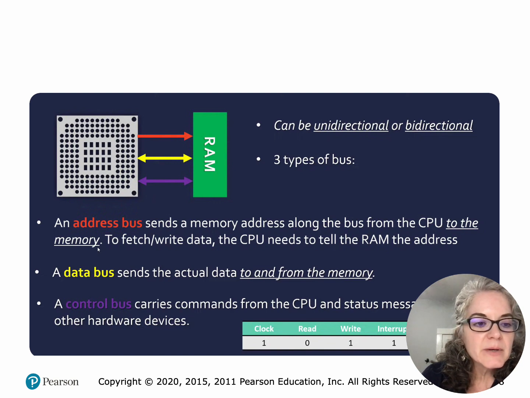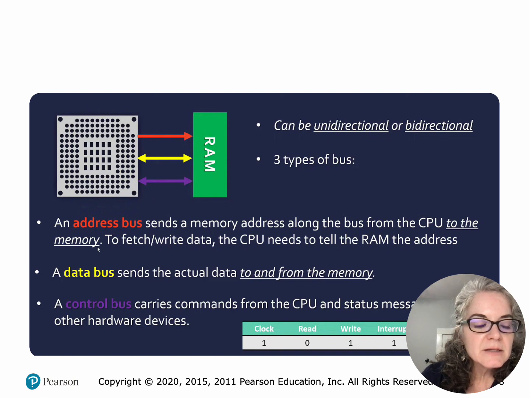The address bus has only one way that it's going: it goes from the CPU to RAM. The CPU sends a memory address along the bus from the CPU to memory, and it does that either to fetch or to write data.